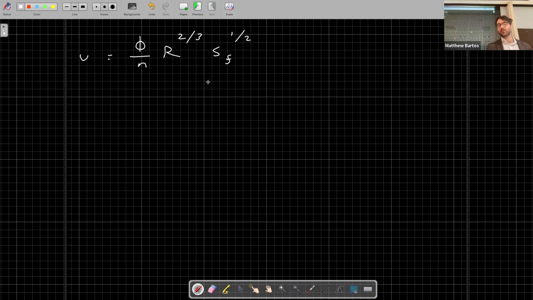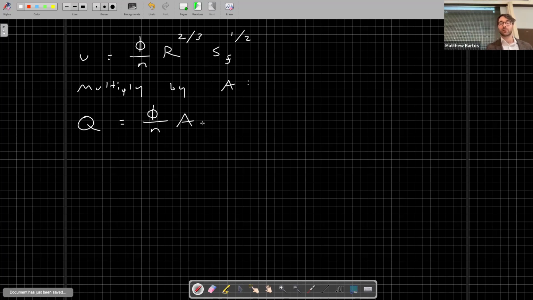Usually, we'll see Manning's equation expressed in terms of discharge instead of velocity. So we can take this entire expression here and multiply by the cross-sectional area to get the discharge. So the discharge given by Manning's equation is phi over n times the cross-sectional area times the hydraulic radius to the 2/3 power times the friction slope to the 1/2 power.